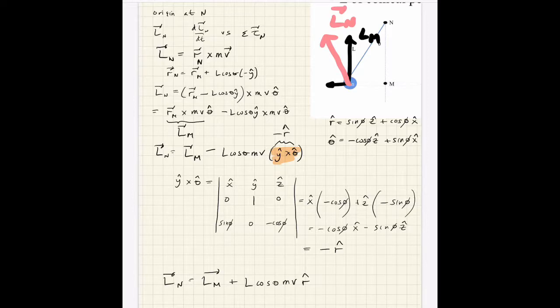And as you make your way around the circle, L sub n is always going to have a radial component. So if this is my circle that the mass is tracing out, what's actually going to happen, it has this little kind of precession, traces out this little circle up above here too, with its little radial component.